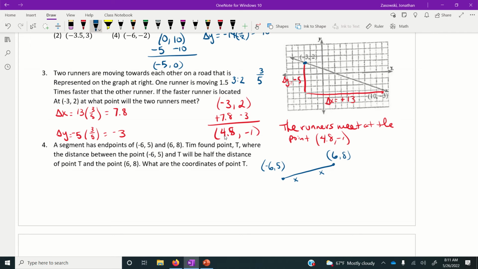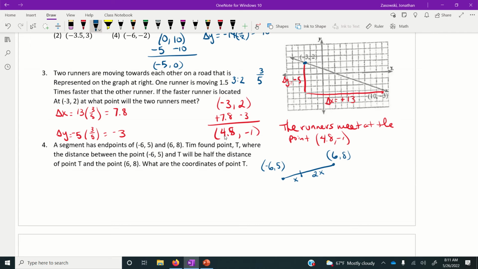So we want to move this line so that it's half the distance. In other words, if this distance is 2x over here, then this distance would be x. So this is half now of what this distance is between T and 6,8.